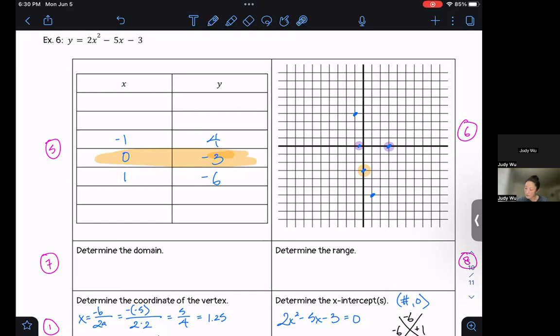Now, I seem to have a really good this side of my parabola, but what I'd really like is to get a good second side of the parabola. So I'm going to choose 2 more points after the 1, okay? I'm going to plug in 2. When I plug 2 in, I get -5. So here, all right? And when I plug in 3, I get 0, right? That's my x-intercept.